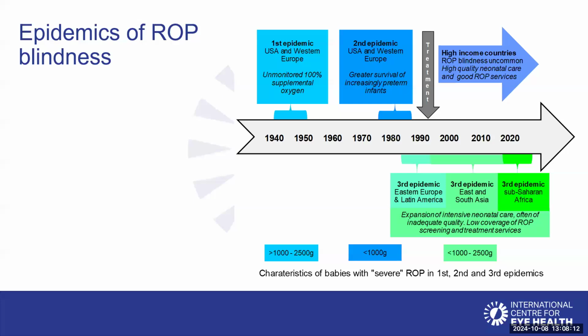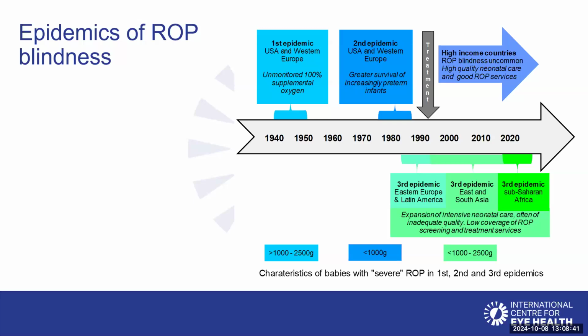Several epidemics of blindness have been described, starting in the 1940s, mainly in the USA and in Western Europe. This was because neonatal intensive care was just starting up, and people didn't realize that oxygen was very toxic to the blood vessels in the developing retina of preterm babies. Many thousands of babies became blind before the role of oxygen was fully appreciated.